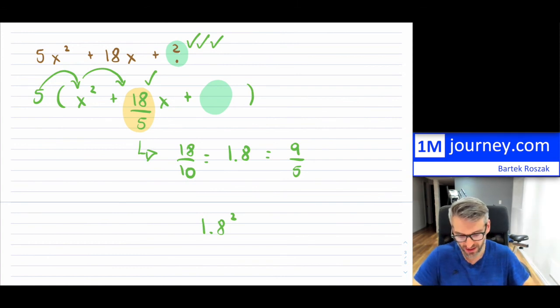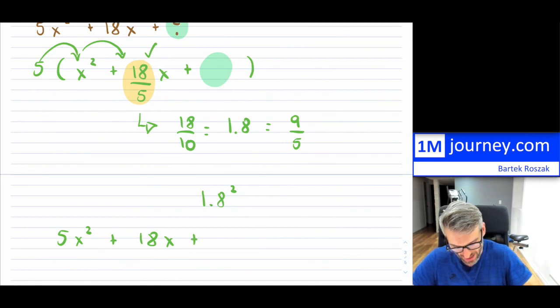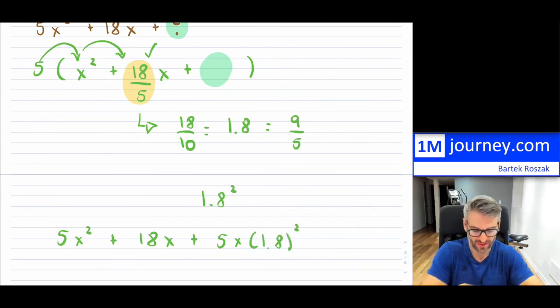So now if I bring in the 5 back, then what I'm going to get is 5x squared plus, this is going to be going back to 18x plus, and now this last thing is going to be 5, sorry, not 3, it's 5, multiplied by, and now you have multiplying it by the 1.8 squared. And that's what would have been your final answer for this one.